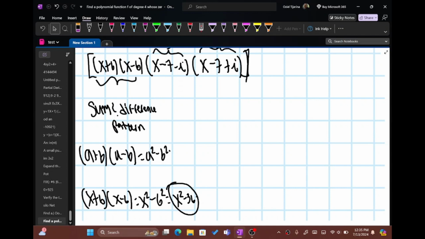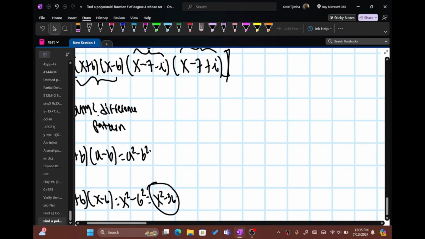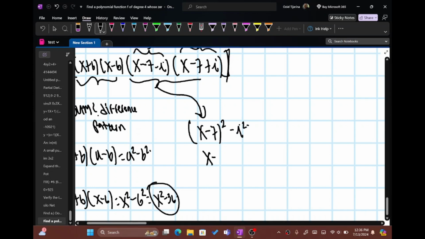And so it goes the same way for the other one. This expression itself is going to be the quantity x minus 7 squared minus i squared, which is x minus 7 squared minus negative 1.